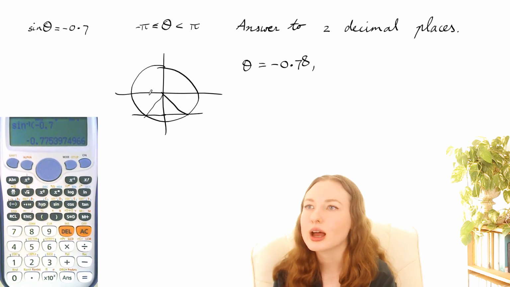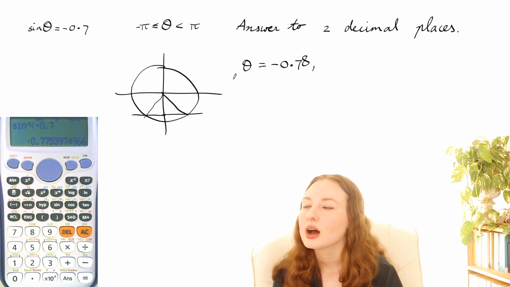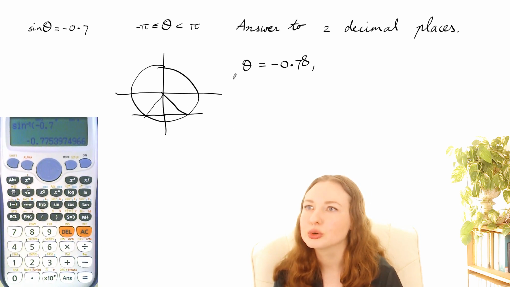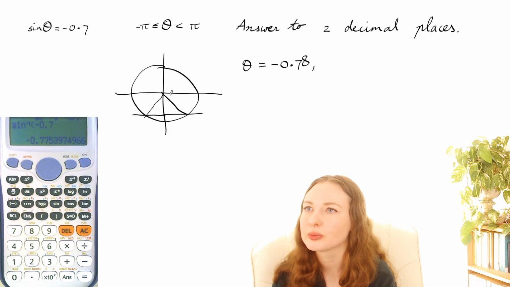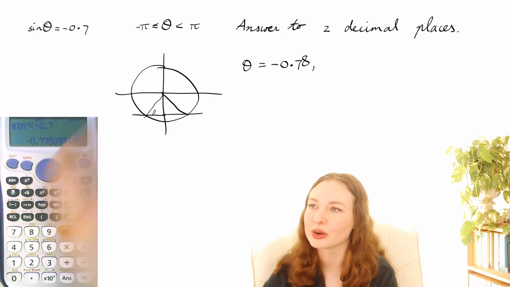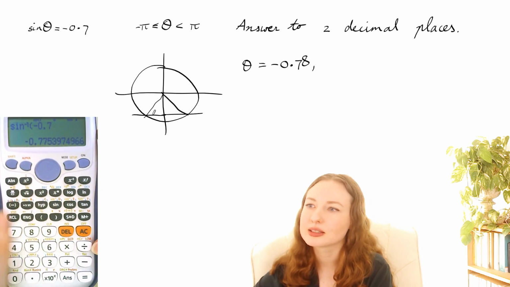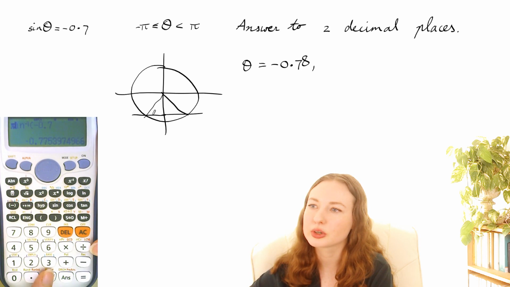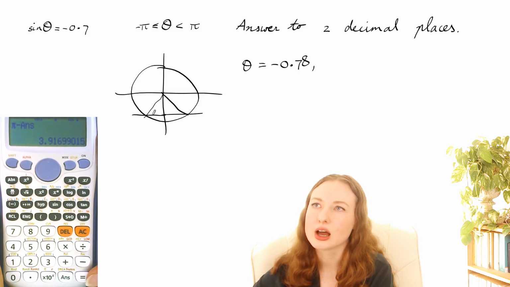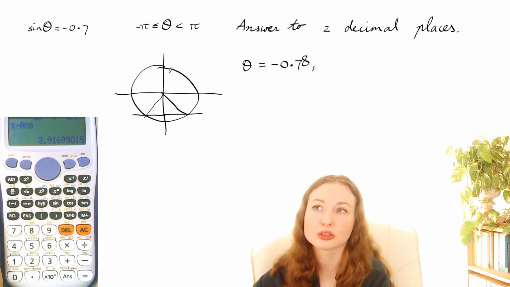Now to work out the other one, what you could do is go, well, pi minus that is sort of how I think of flipping that over, but the problem with that, let's try that. The problem with that is that's now outside of the range we want. That's actually describing it as going around that way, pi and a bit more.